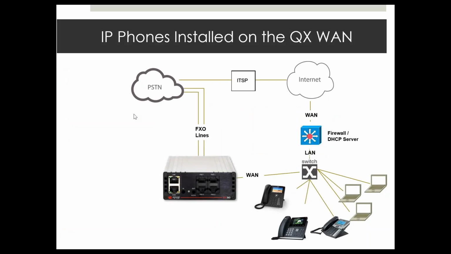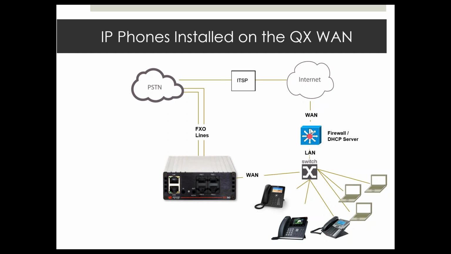Okay, one method is you've got the system and the WAN port of the system is connected to the customer's data network. The data network has a switch, it has a firewall. So you're basically connected to the LAN of that firewall.